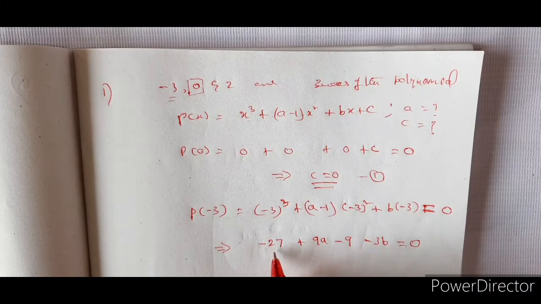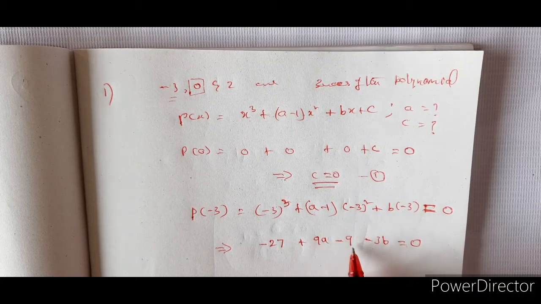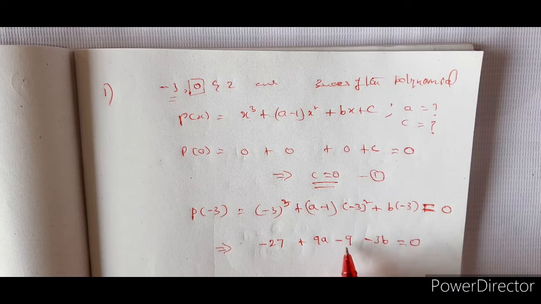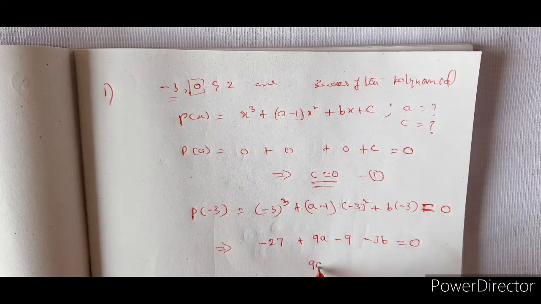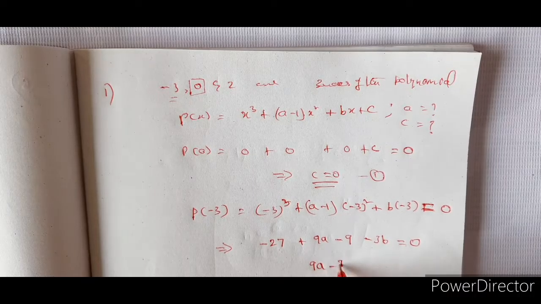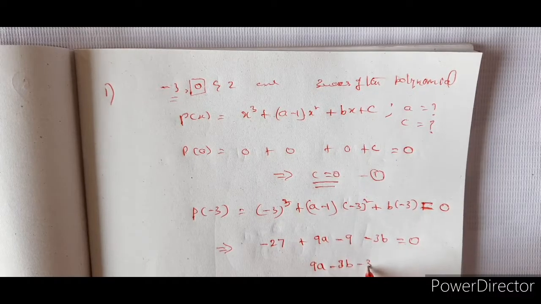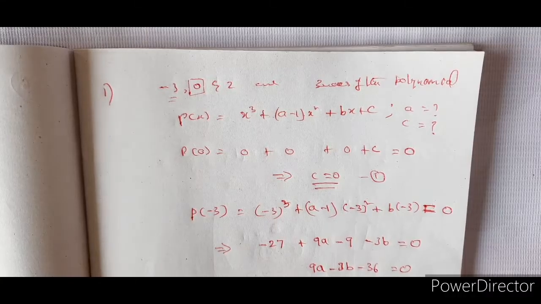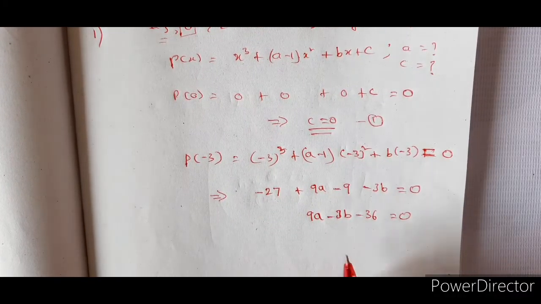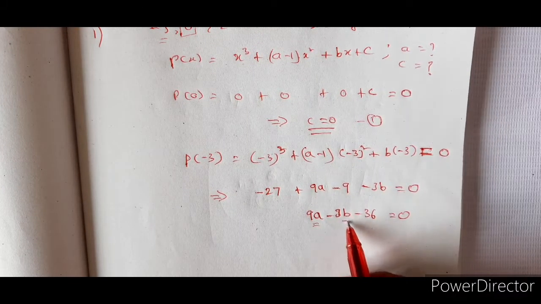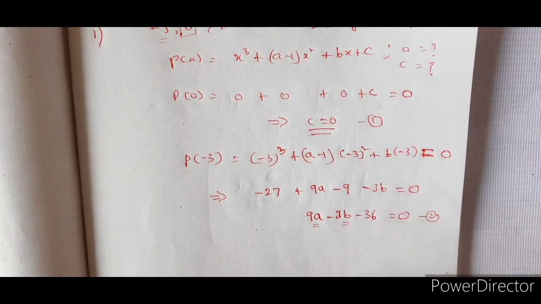Now -27 minus 9 is -36. So I can write it as 9a minus 3b minus 36 is equal to 0. So I got one equation in terms of a and b. Let it be equation 2.